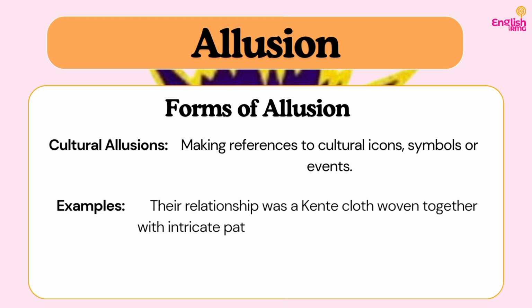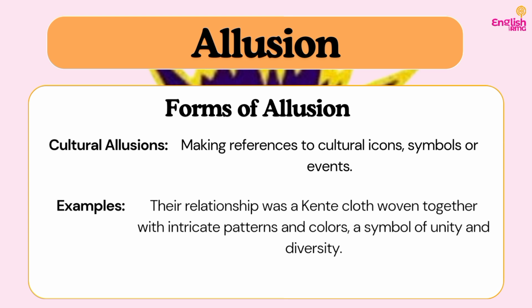For example, we have: their relationship was a kente cloth woven together with intricate patterns and colors, a symbol of unity and diversity. The kente cloth is known on the global map as a what? An identity of Africans. I think kente cloth is actually native to Ghanaians. Yeah, but on the global stage, it is a form of African identity.